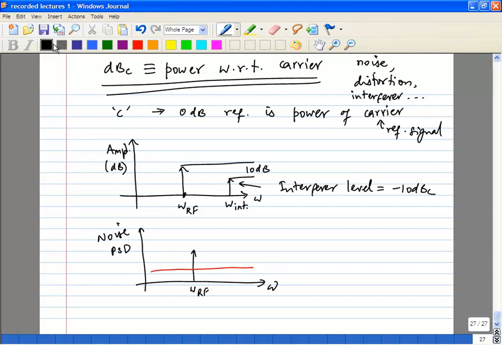We'll look at what noise is, but I think most of you know enough to understand this concept. So you have some kind of broadband noise in the system. You could say, for example, that the noise is at minus 80 dBc with respect to the signal, or you might hear somebody saying the noise floor is minus 80 dBc.